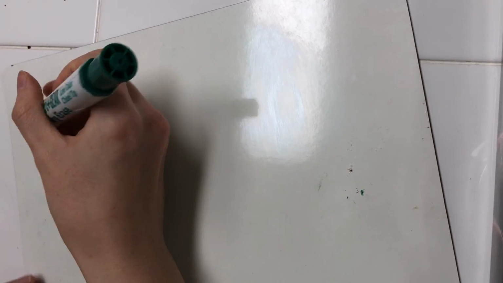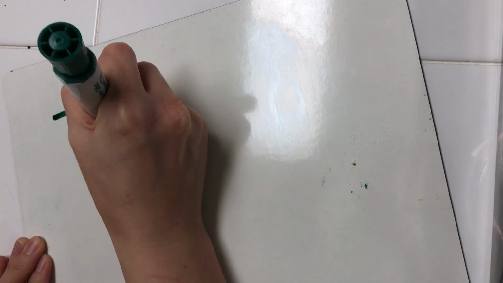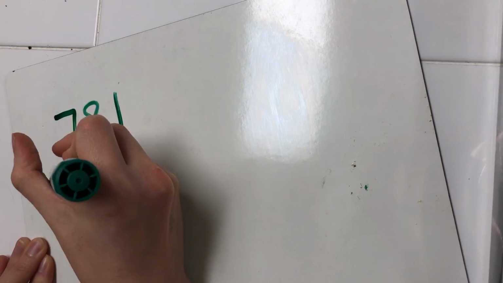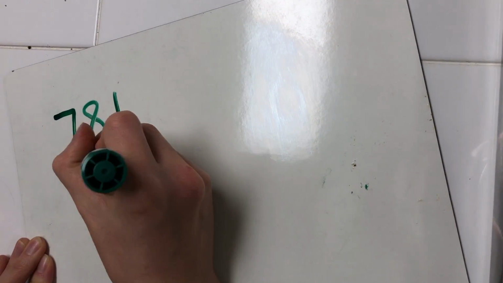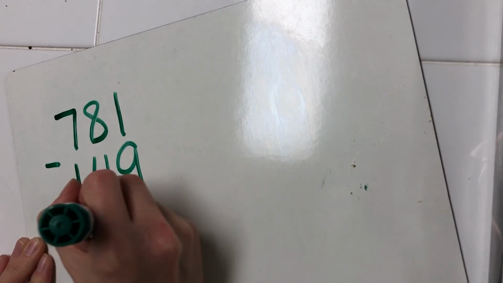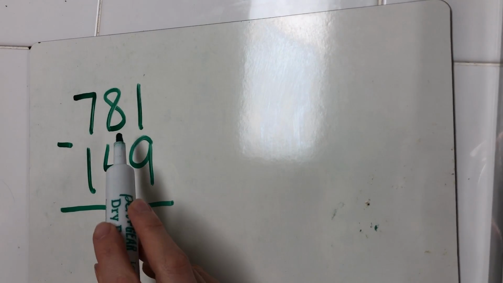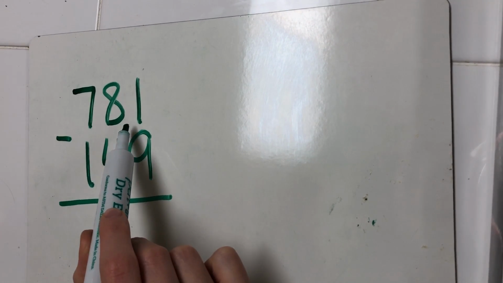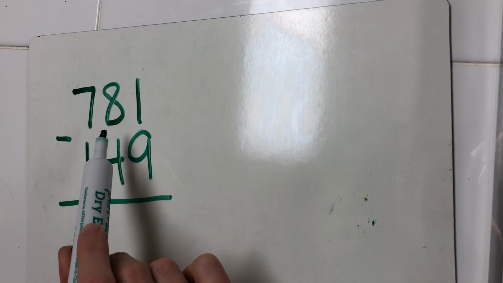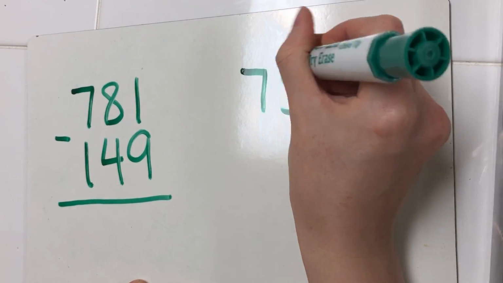Okay, so I'm going to do 781. This time we'll just leave it as numbers. We won't change it to money amounts in this one. So we can do another estimate for this one, so we can practice our estimating. So a number that would be like 781, that's easier to work with, would just be 780.